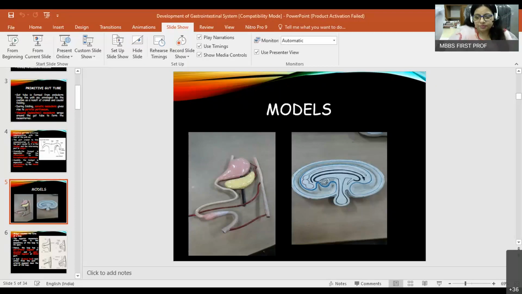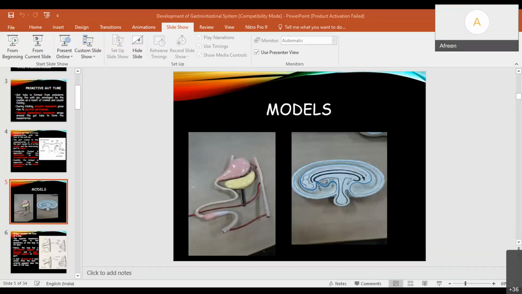So see, this model is showing you something. Can anyone explain this model, please? Yes, ma'am, it's showing the folding of embryo.